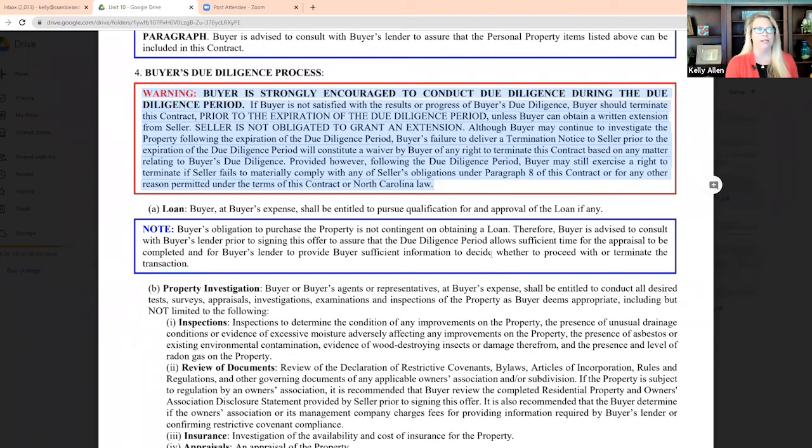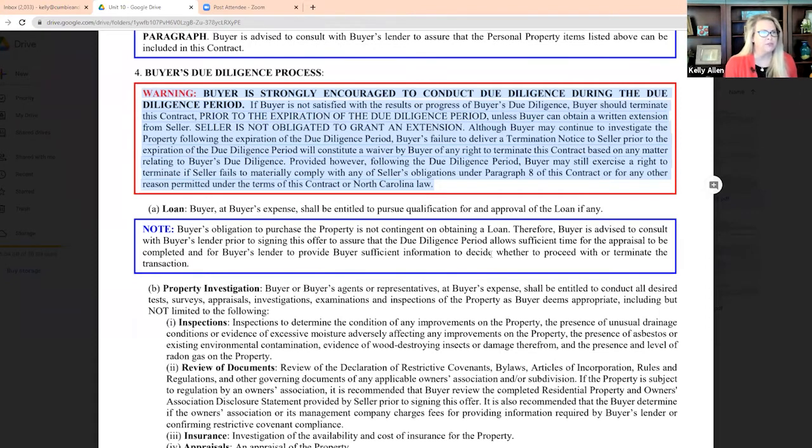Here's your deadline. Prior to the expiration of the due diligence period, unless buyer can obtain a written extension from seller. Okay, this is important. Watch this. Seller is not obligated to grant an extension.